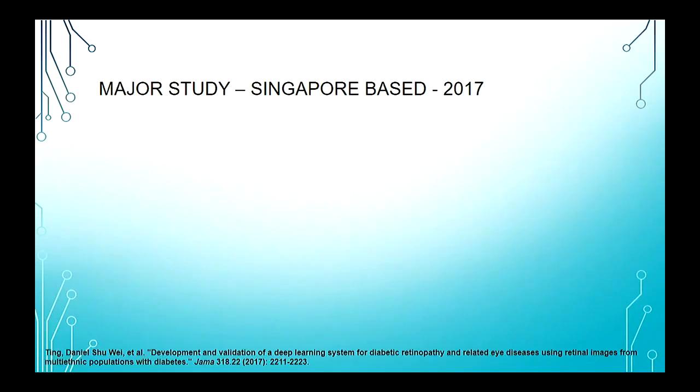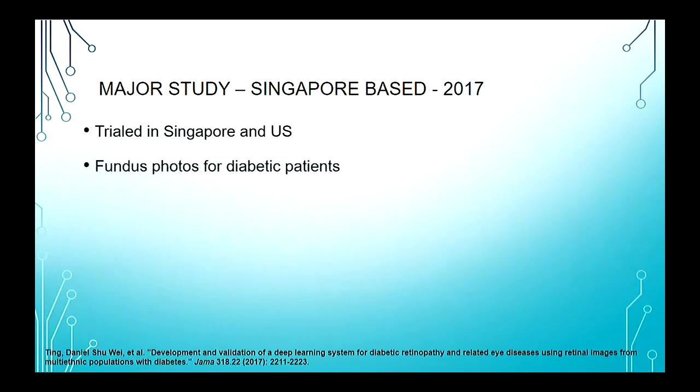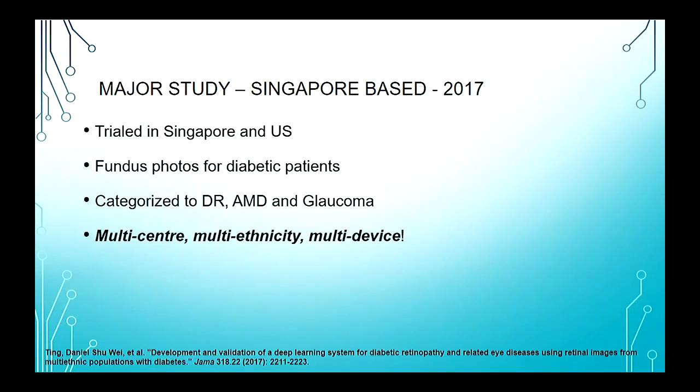This is one particular study that I liked. There is a group at Singapore National University, and they've done very good research in deep learning, especially in ophthalmology. They trialed their neural network in Singapore and the US. They used fundus photos and looked at detecting glaucoma, macular degeneration, and diabetic retinopathy in those fundus photos.